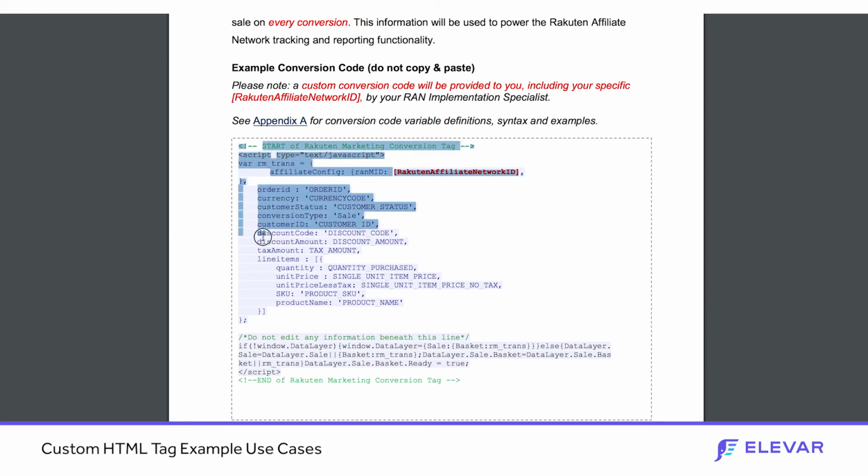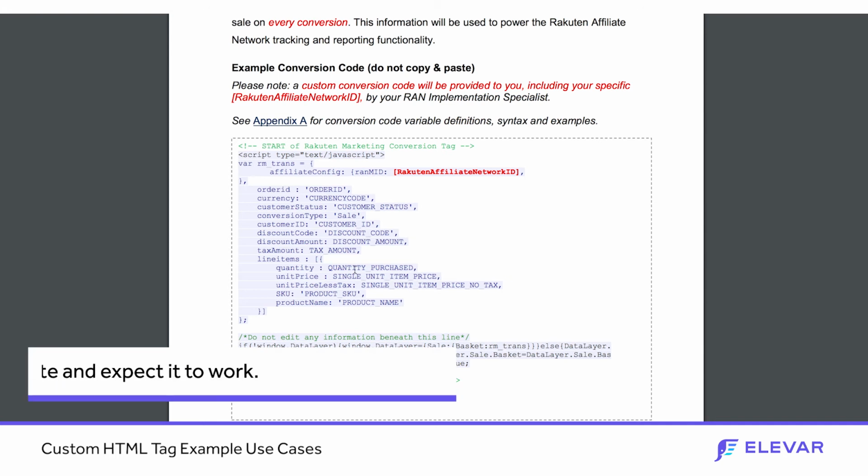So you're going to get a copy of the script, and one of the downfalls or potential risks of the custom HTML tag type is simply taking this script here, copying it, and pasting it into Google Tag Manager. But what happens when I do that is you can see the order ID, the currency, the customer status.